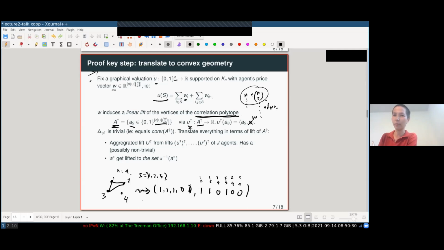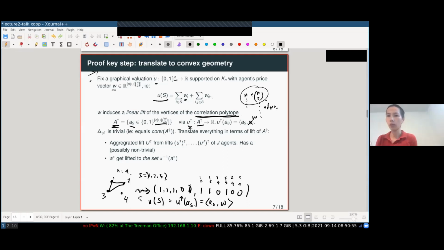So for example, U of this set S is exactly equal to U up arrow at AS, and this is just the inner product of AS with this weight vector W, right? And if we expand it out, this is the same as the sum of all Wi in S plus the sum of all pairs Wij in S.